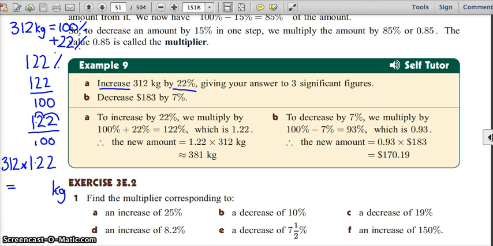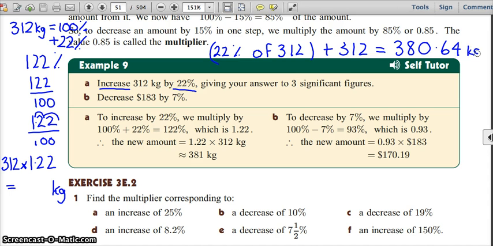It's just one step. Reese, on the other hand, has done 22% of 312, plus he's done 312. And what did you get, Reese? 380.64 kilograms. And what did you get, Liam? Same. Exactly the same.